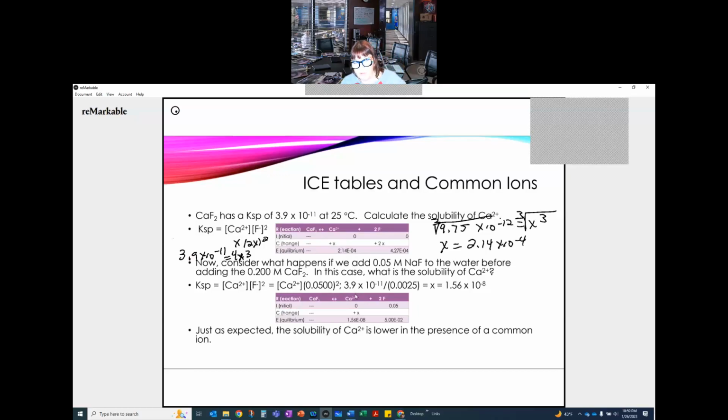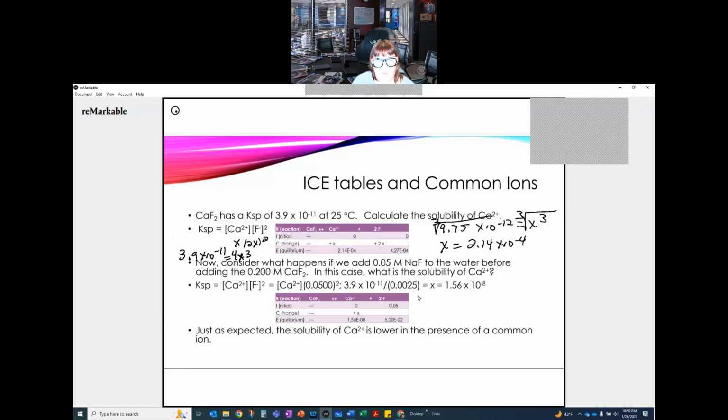Now I know that's my molar solubility, and if I want the concentration of F minus, I have to multiply it by 2. That's how I get 4.27 times 10 to the minus 4. So that's my concentration of both of those species when it's just water, and they're both related to that x.